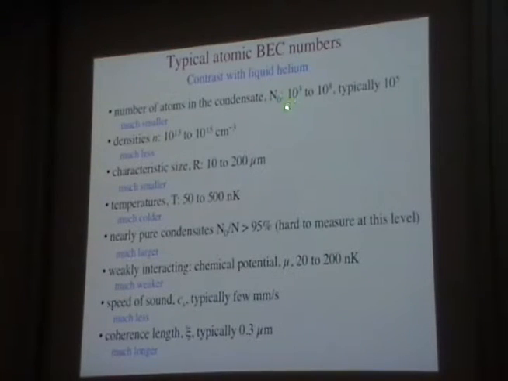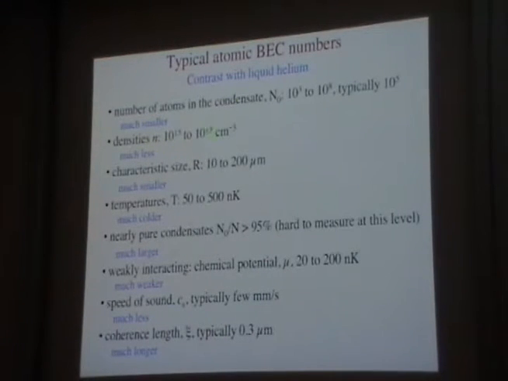Well, people have made Bose-Einstein condensates of alkali atoms up to 10 to the 8 atoms. The spin polarized hydrogen people have gone a little bit higher. But the typical BECs are usually about 10 to the 5 or 10 to the 6 atoms. The densities are in the range of about 10 to the 13 to 10 to the 15.